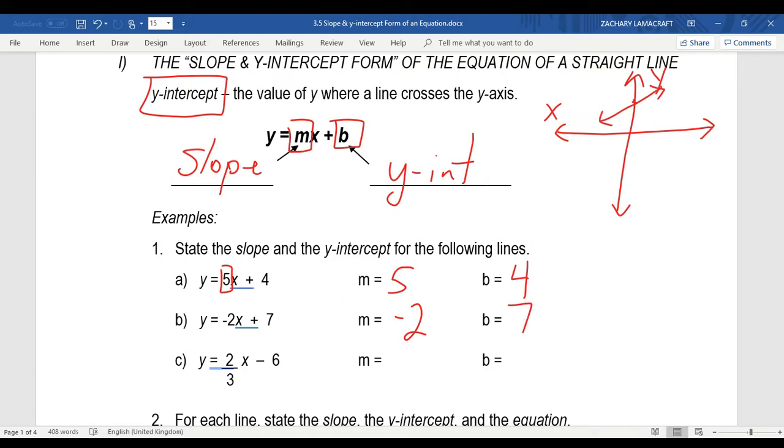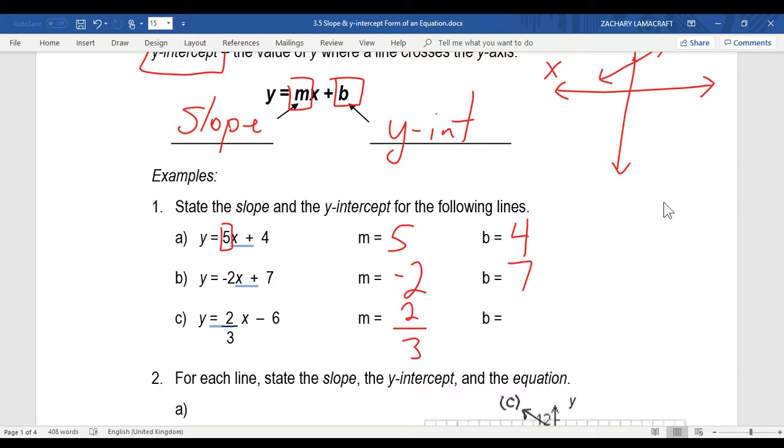If we look at our next one, y equals 2 over 3x minus 6, what is our slope? Not a trick, I promise. 2 over 3, exactly. It's in that spot. I know it must seem like, oh my goodness, there's a fraction there. What do I do? No, it's that simple. It's 2 over 3. And guess what?